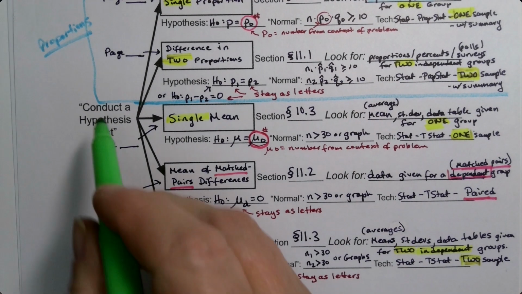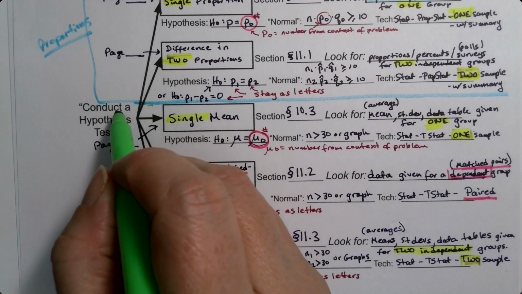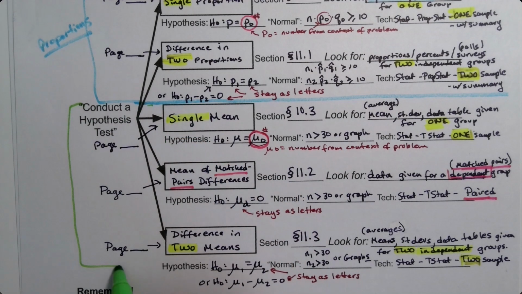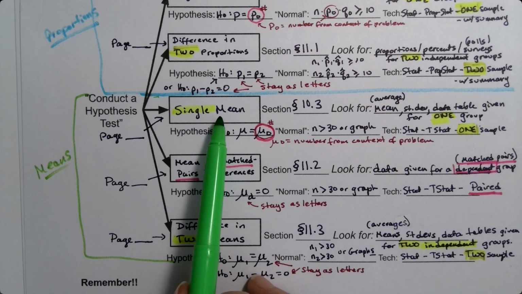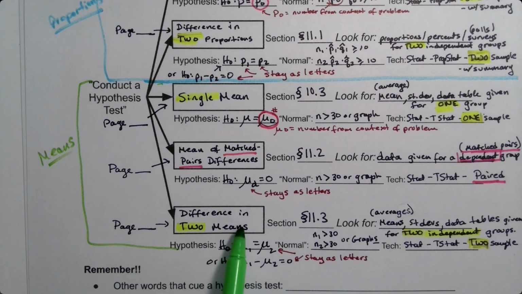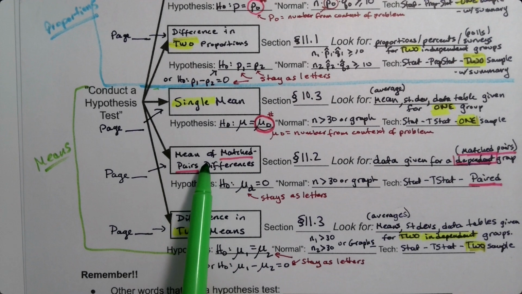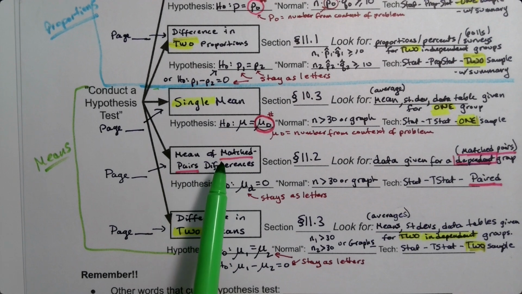They're all about means. So that can help sometimes with figuring out which one to use when. Sometimes it's for one group, sometimes it's for two separate groups, and sometimes it's for the differences between a matched pairs sample. Where matched pairs, of course, is one group measured twice.